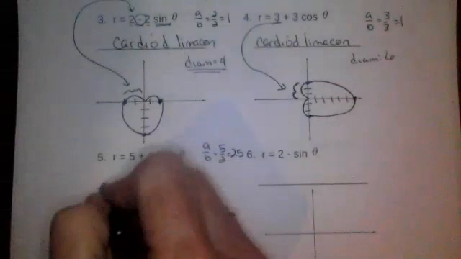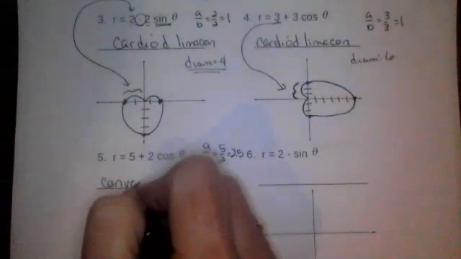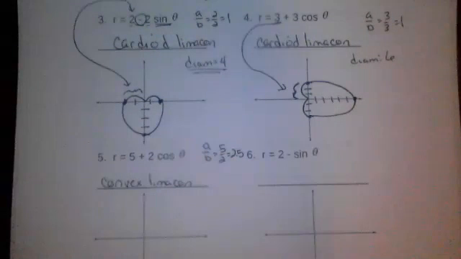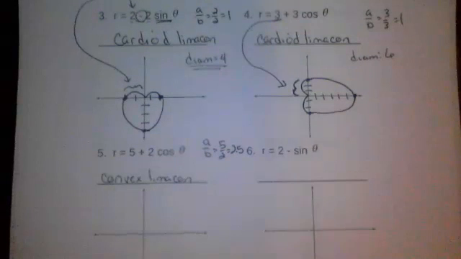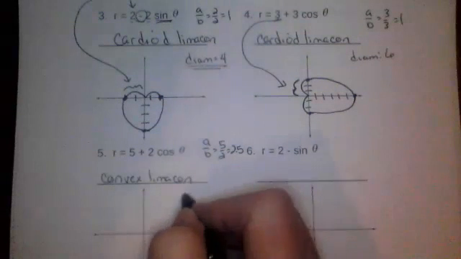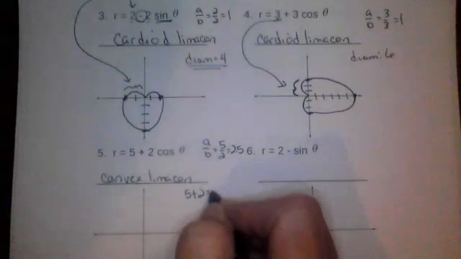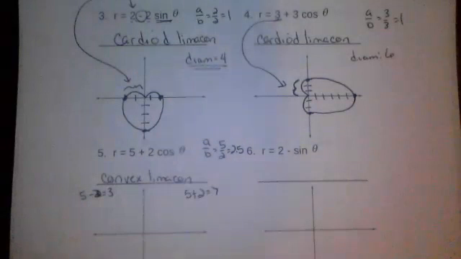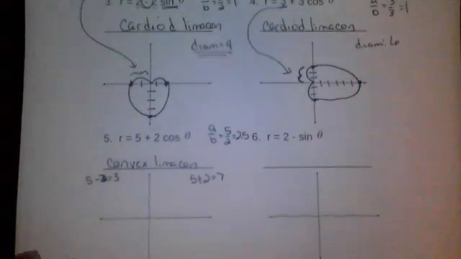So we have a convex limacon. Okay, we're still going to add and subtract. Add, we get 7. Subtract, 5 minus 2, we get 3. And that tells us how far out we are going each direction.